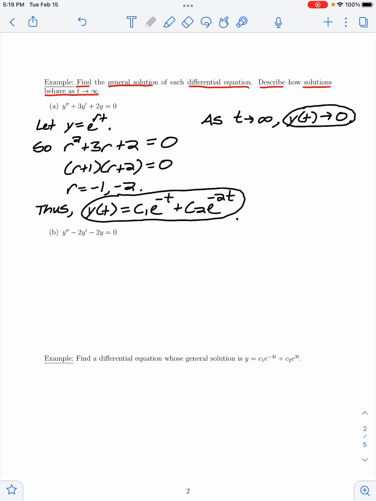Because these two roots that we found, r1 and r2, are both negative numbers, so these exponential functions both exhibit exponential decay as t becomes large. They both tend to 0, therefore the sum tends to 0. So let's look at the next one.